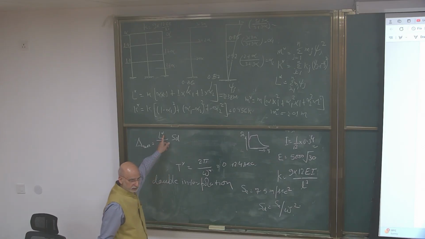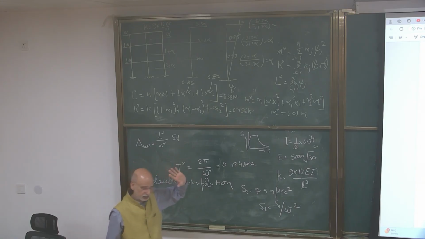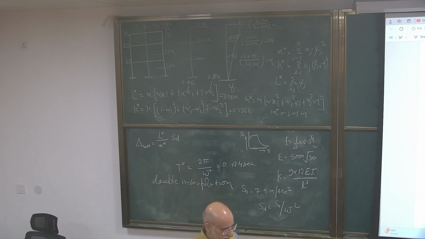You calculate the mass participation, the normalized mass is there, and then the pseudo displacement, or you call it actual displacement. Displacement remains the same in either case. Sometimes people wrongly call it pseudo, but it's a displacement only.